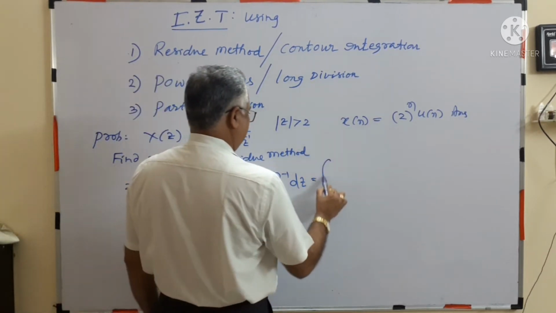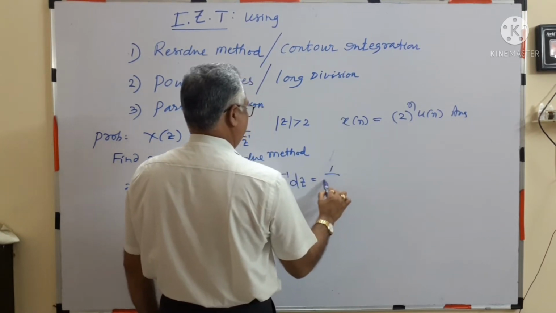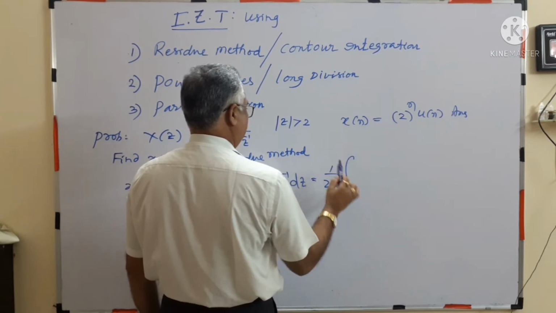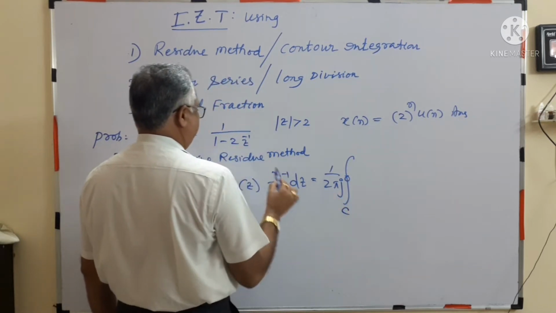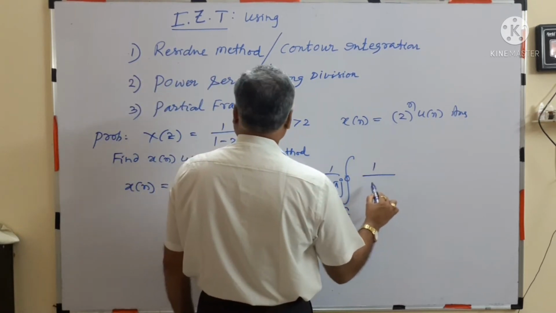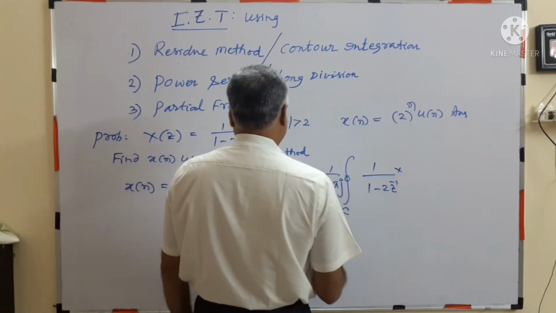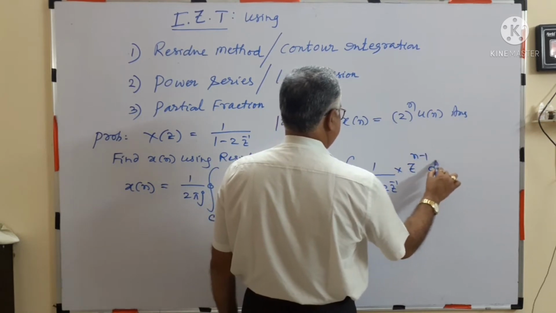Now in this integral, 1 by 2 pi j integral, X of z is 1 by 1 minus 2 z inverse, times z power n minus 1 dz.